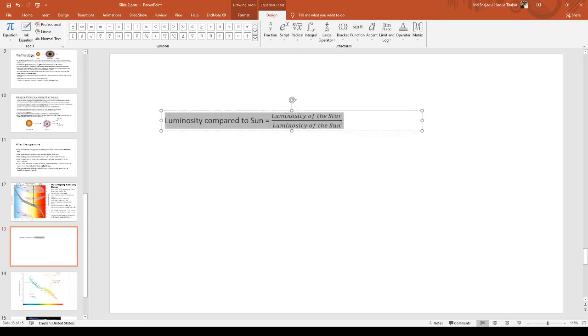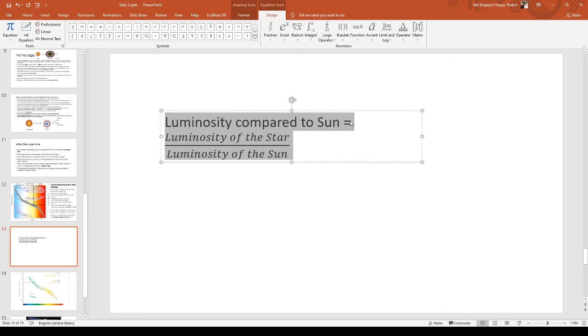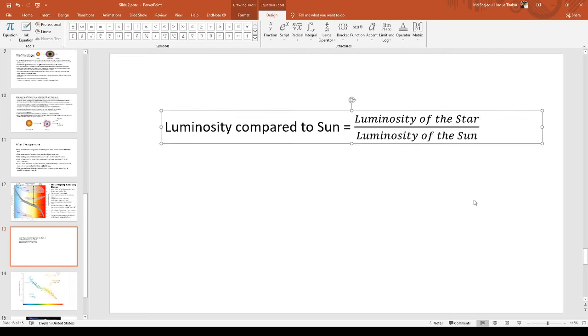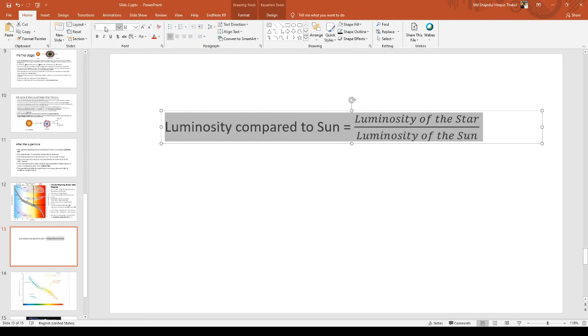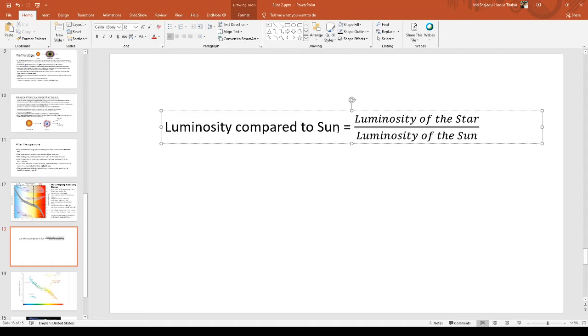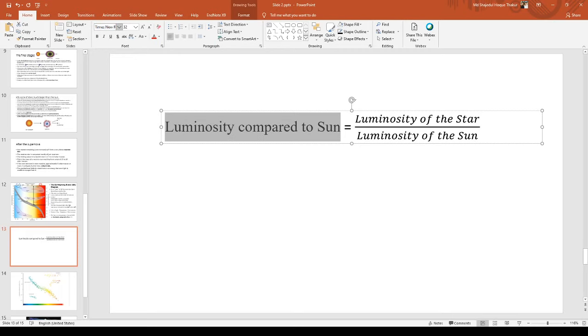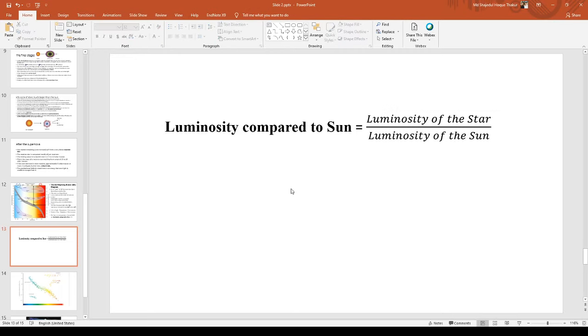Okay, let me make this bigger for you guys to see properly. So this is what we mean by luminosity compared to sun: luminosity of the star divided by luminosity of the sun.